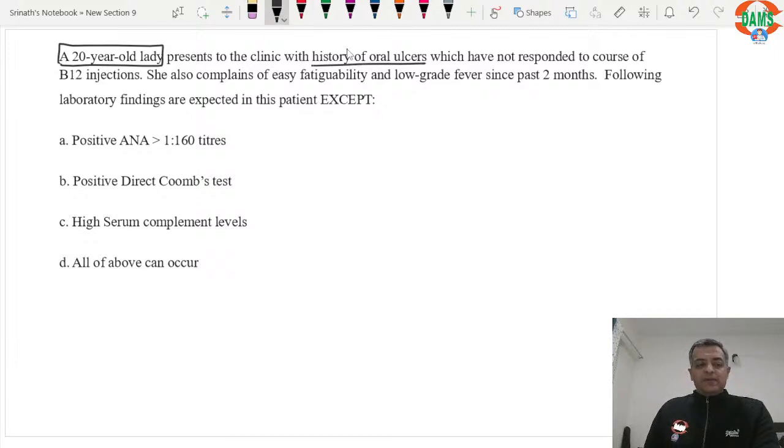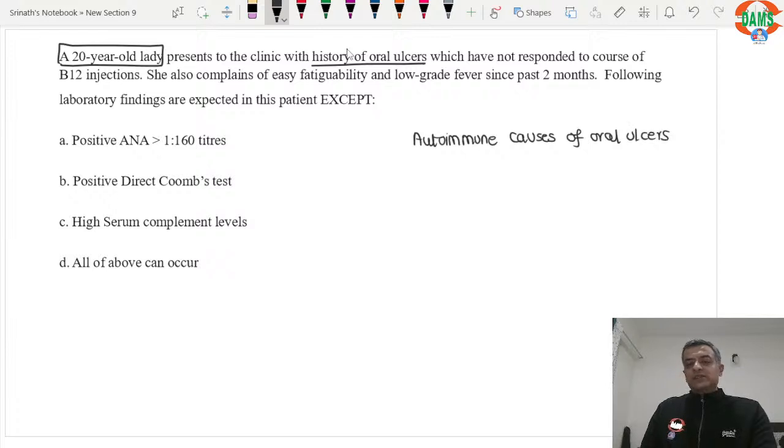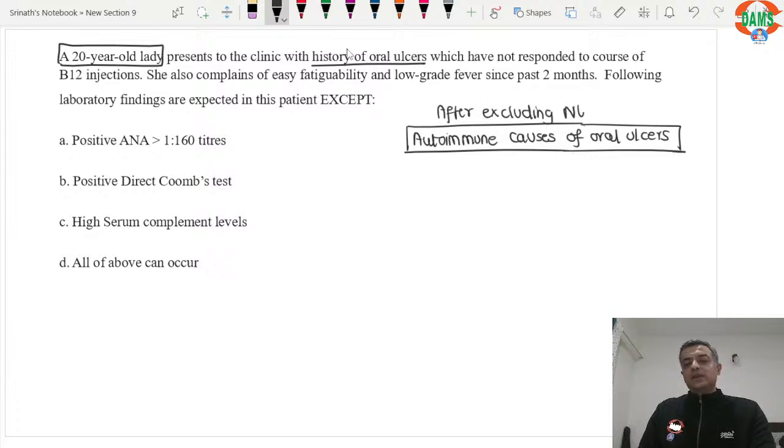Can you tell me what are the autoimmune causes of oral ulcers? After excluding the nutritional causes, what is remaining? You have autoimmune causes.